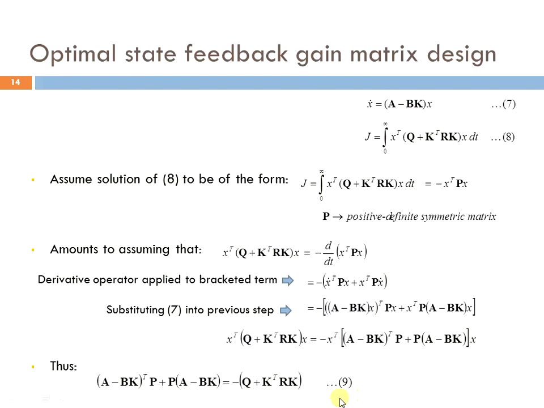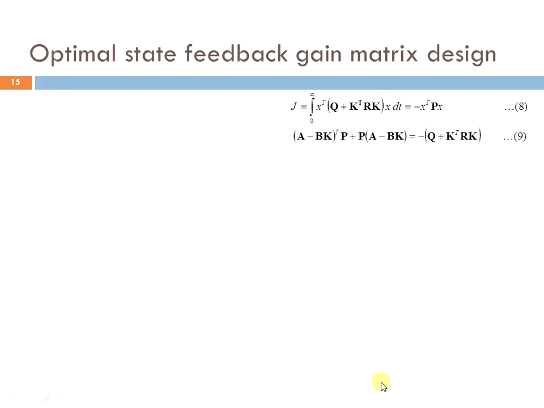Before we find the solution for equation 9, it is convenient to look at how we are going to evaluate the performance index J from 8. Now the solution of 8, or the result of this integral, is assumed to take the form minus x transpose Px, and this is the result of integrating this.